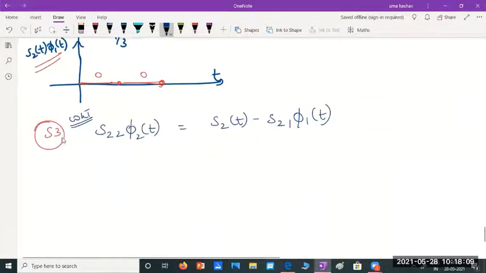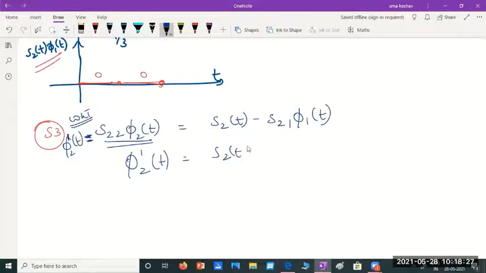Instead of writing it out each time, I'll name this phi2 dash of t. Therefore, phi2 dash of t is S2 of t minus S21 into phi1 of t.